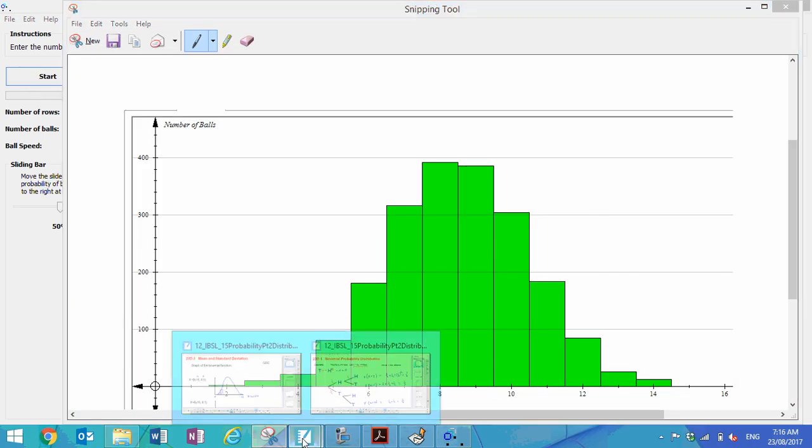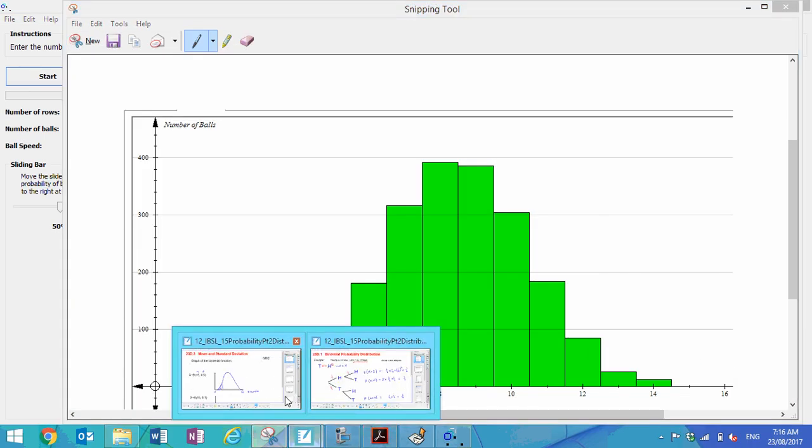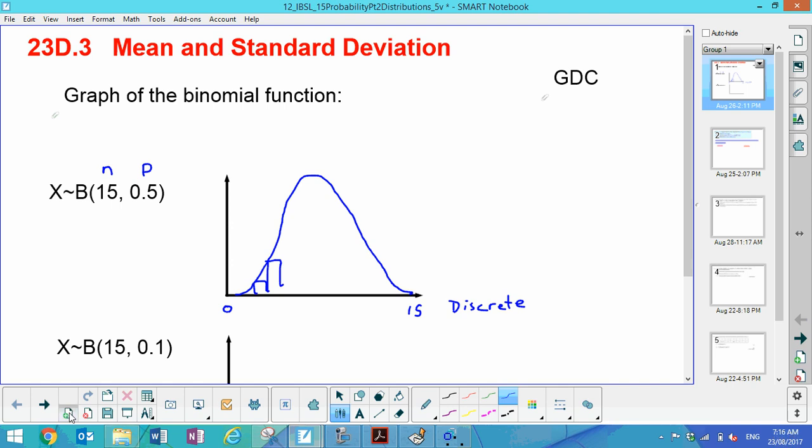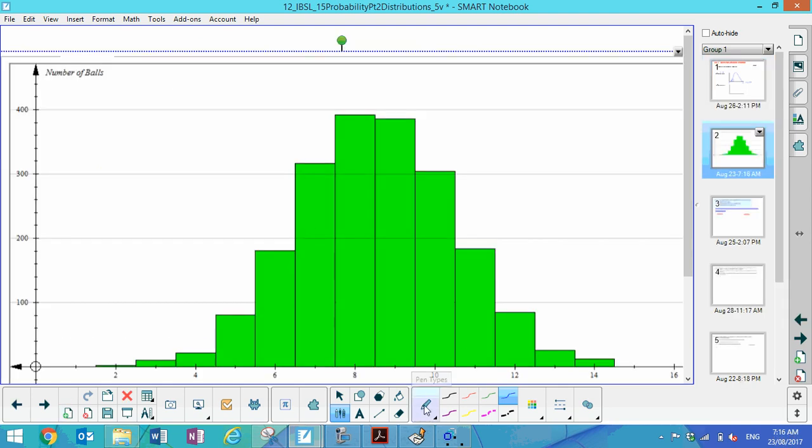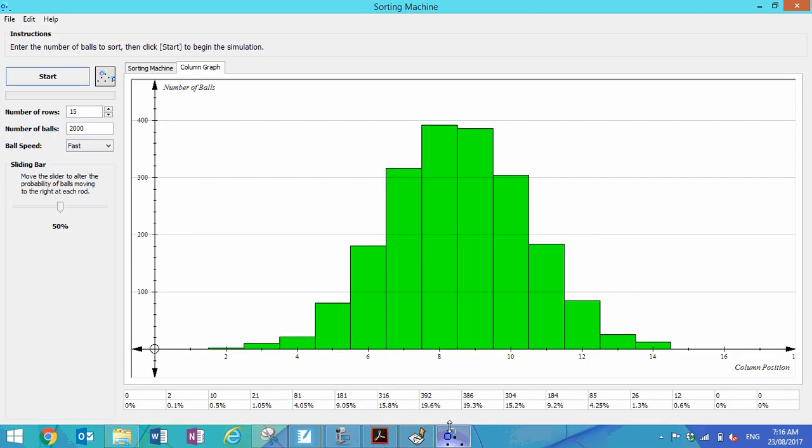Also, let's put it into here. All right, good. Okay, let's now come back here. We're going to change our probability from 50% down to 0.1. All right, what do you think is going to happen?